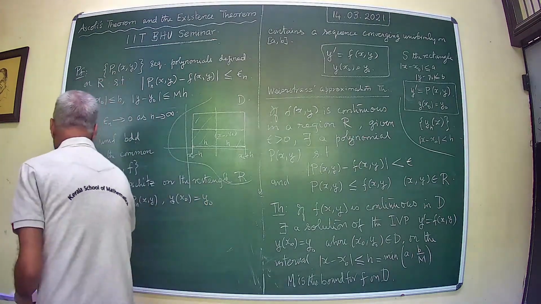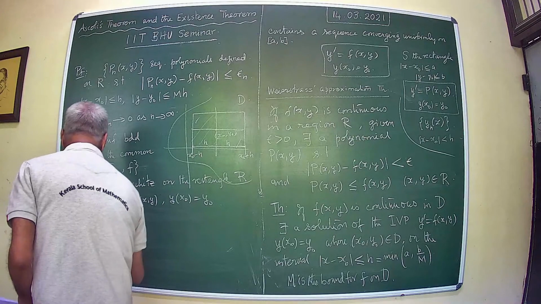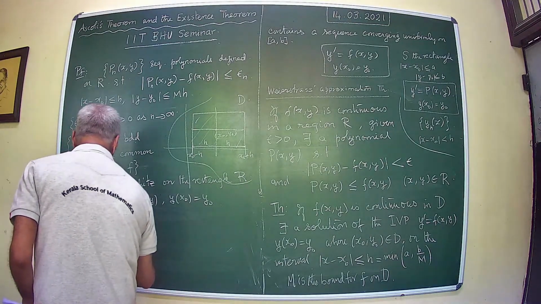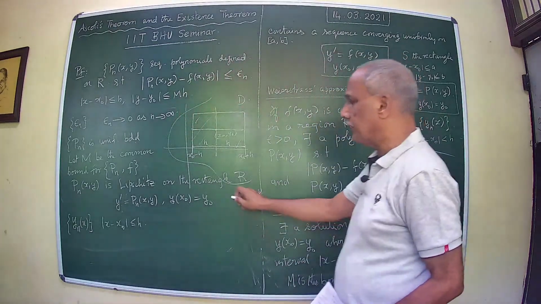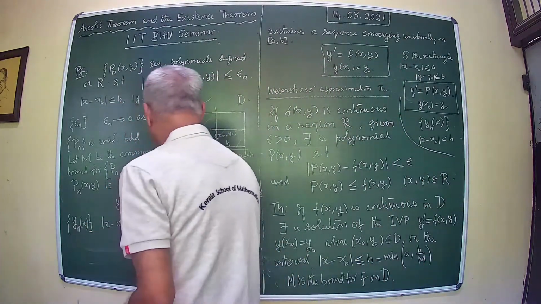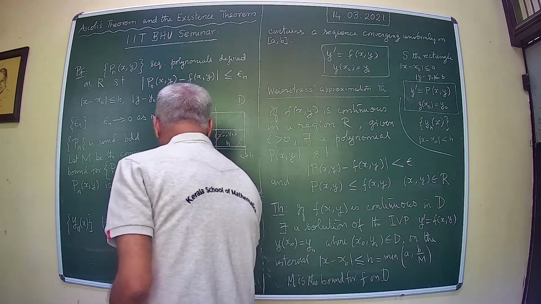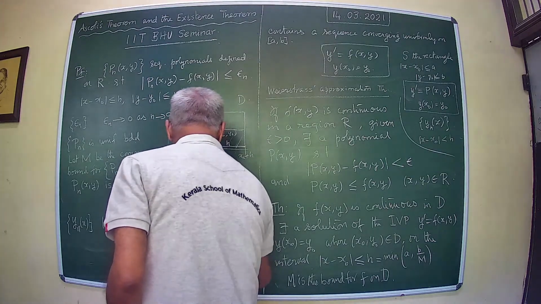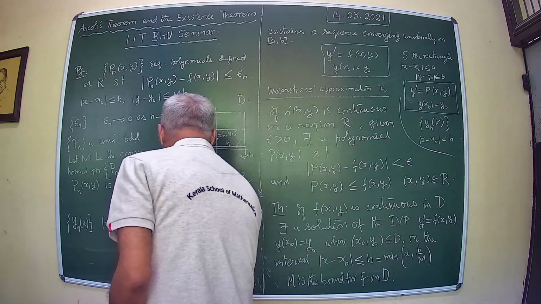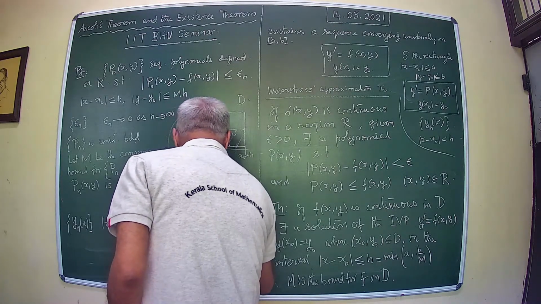So that gives a sequence of functions yn of x defined for mod x minus x naught less than or equal to h, as unique solutions of the initial value problem, uniquely determined solutions.